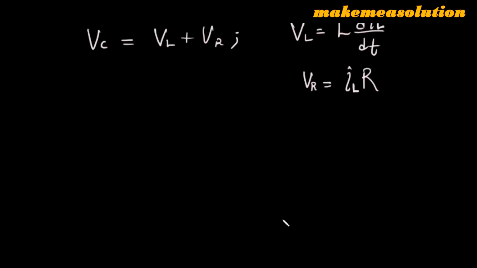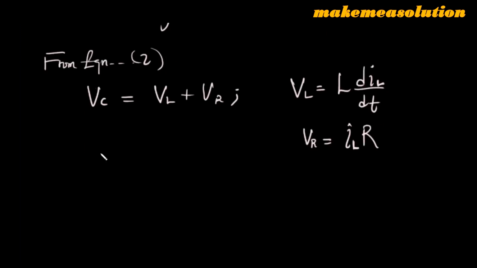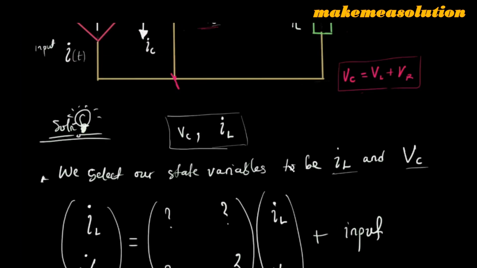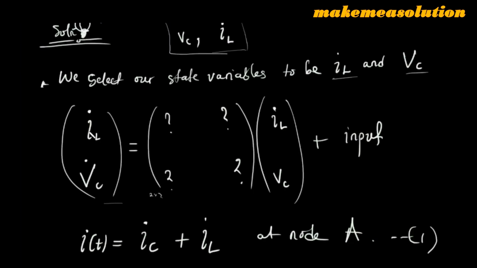If I replace this equation, you will discover that my VC will now transform into VL, which is L dIL over dt, plus VR, which is ILR. What can we see from this equation? Remember that one of the things we want to get is IL dot.